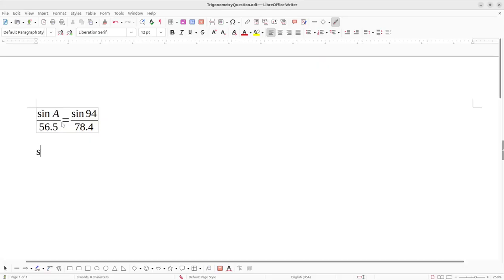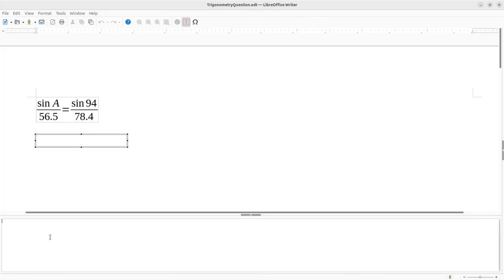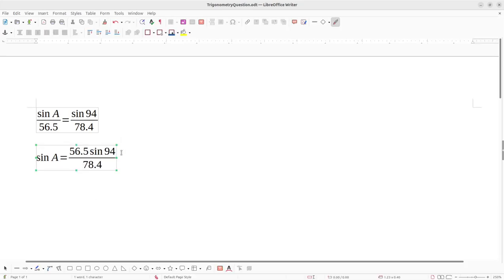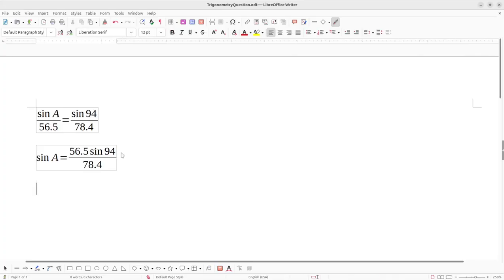You are going to get that sine A equals 56.5 sine 94 divided by 78.4.